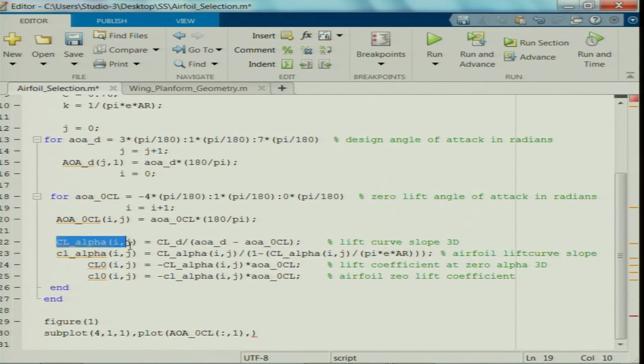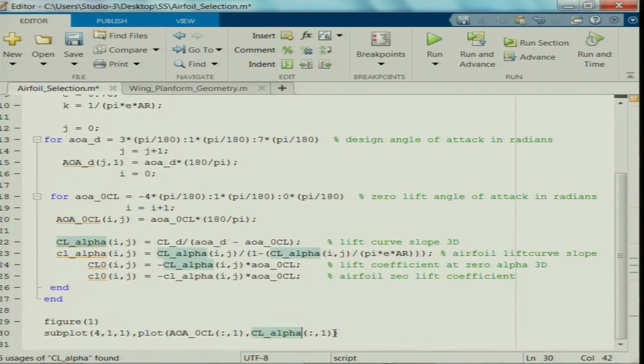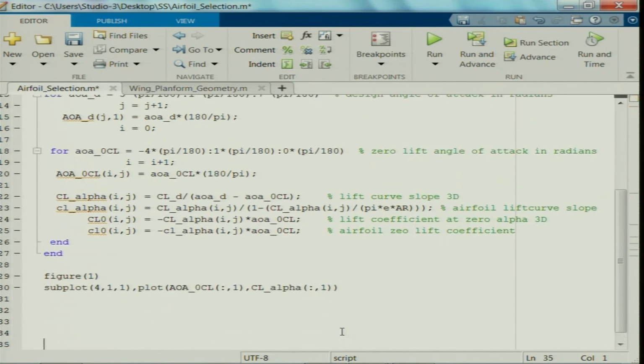So, I am plotting the variation of CL, colon comma 1. This corresponds to when design alpha is 3 degrees, or alpha trim is 3 degrees for design CL, right. I can connect them with the same K colon K star. Okay.